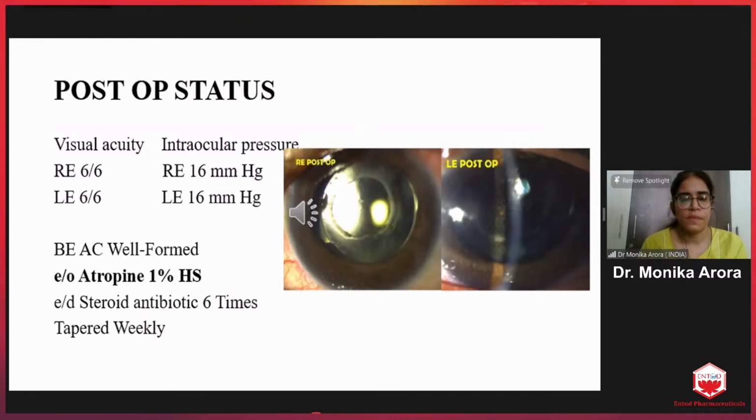Post-operatively, the anterior chamber was well formed in both the eyes with intraocular pressure 16 mm of mercury with visual acuity 6/6.